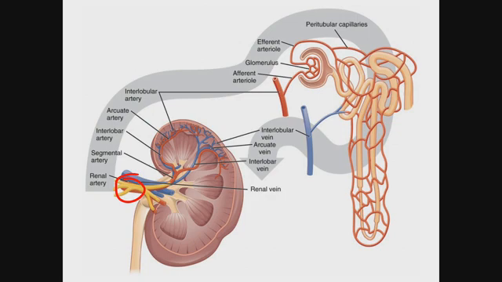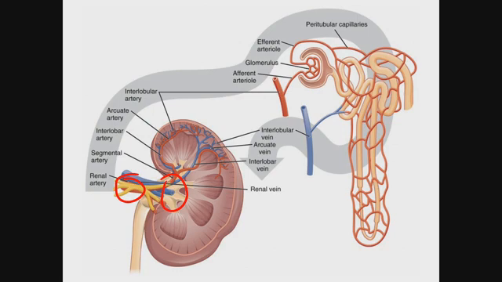Now as it goes, it forms the segmental artery, which is the main one that goes forward to branching. You might be asking what a hilum is. The hilum is this space here, like in a bean, the central seed. That's where the renal artery passes, just like in a bean. So this is the hilum.